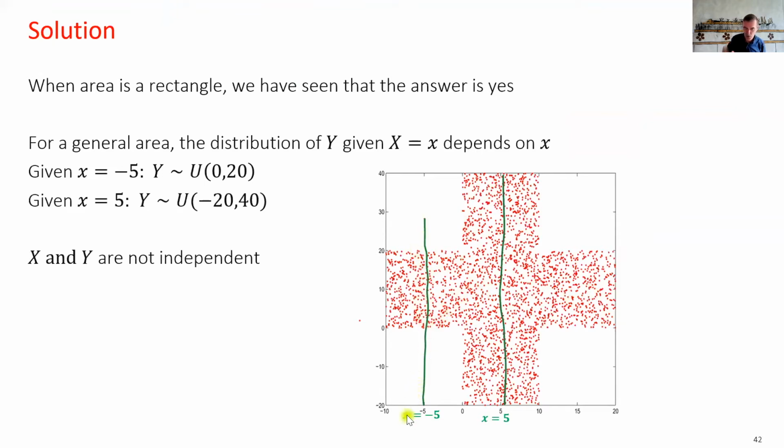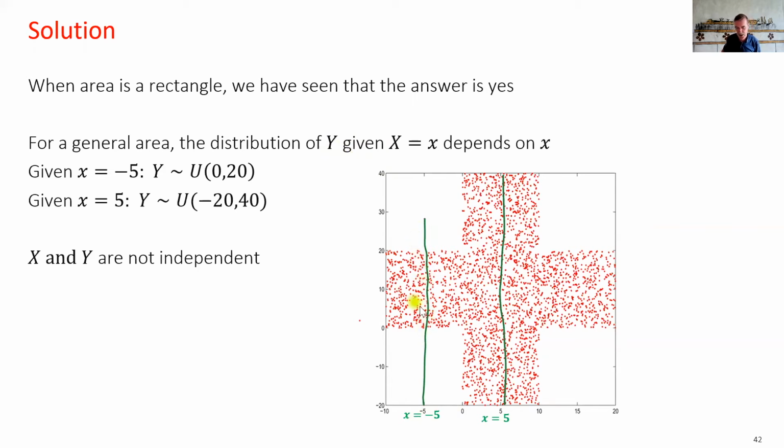How do we see that? Well, independent means, remember, whether the distribution of Y given X depends on X or not. How do I get this distribution? Well, a poor man's way of getting it, based on simulation, is to look at my points here. I plot, for example, x equal to minus 5, and I look at all the points that are on the same line.